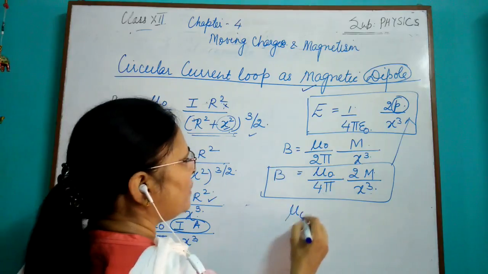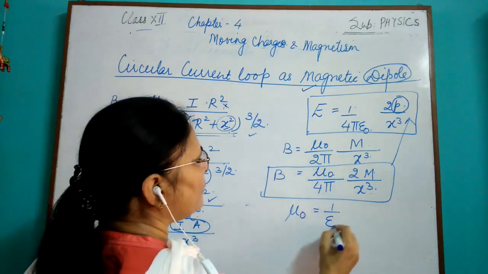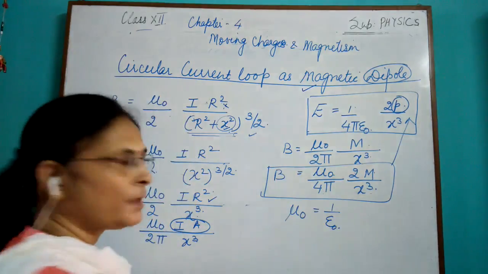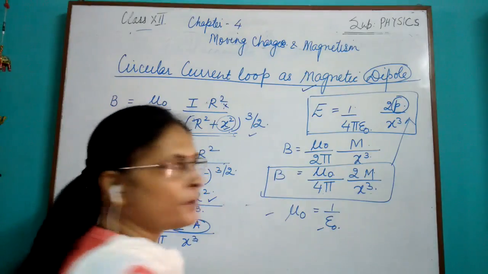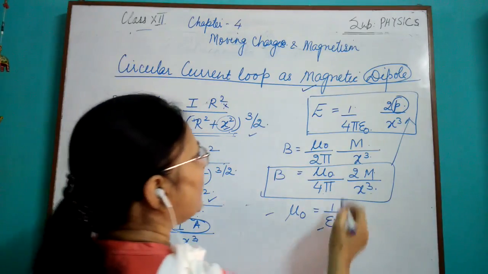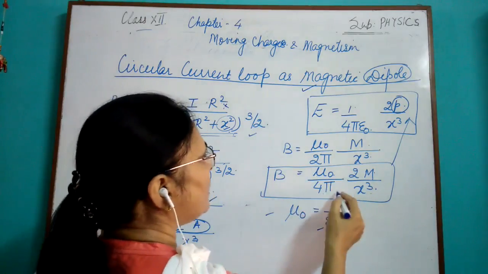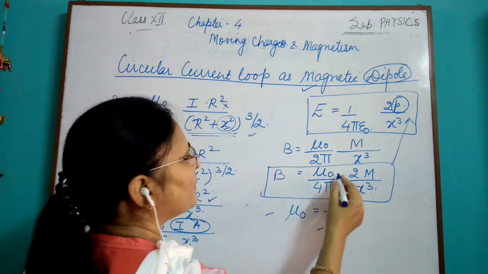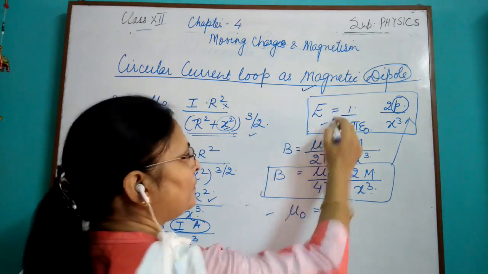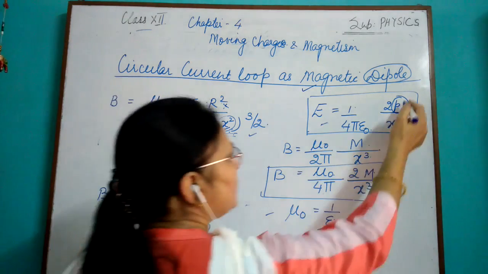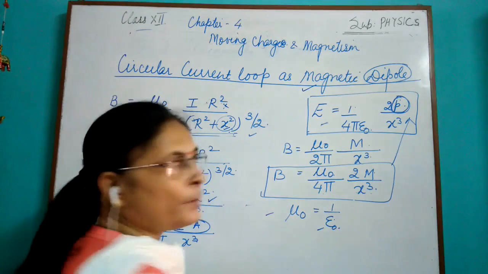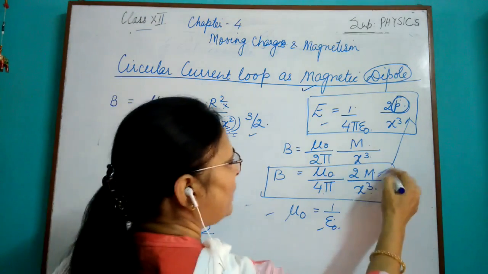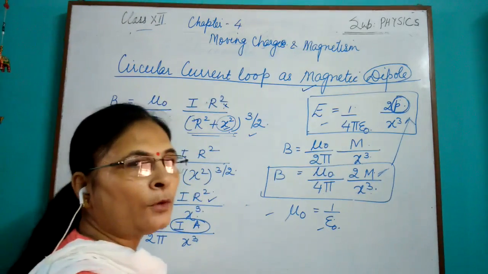That means you can replace mu naught with 1 by epsilon naught. So this is also a constant, this is a different constant. If I put mu naught in place of 1 by epsilon naught, what I am going to get is the same term. In place of electric dipole moment, I am getting magnetic dipole moment.